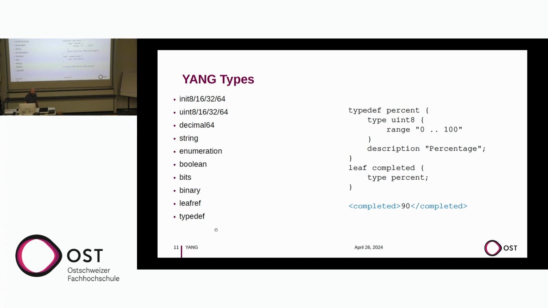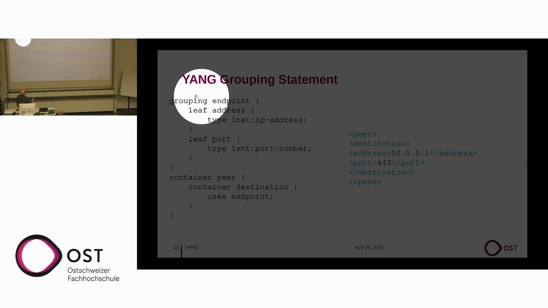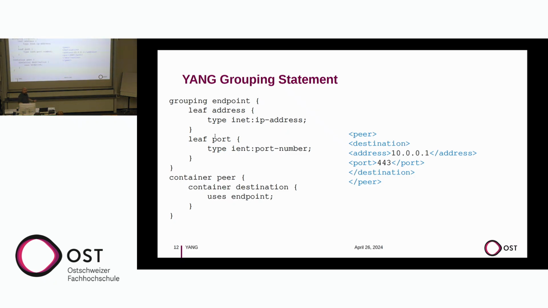And then we can of course use this type, and we can also use an import for getting this type from another model like the IETF data types model. Grouping was the example before. If we want to have an endpoint, in our case with leaf address and port, we probably need this a couple of times. Or if we make an access control list, we have kind of the same data multiple times in the source and the destination.